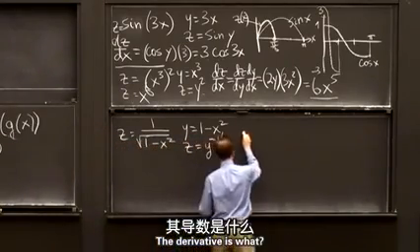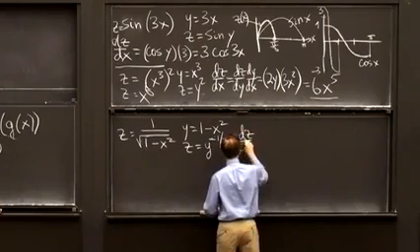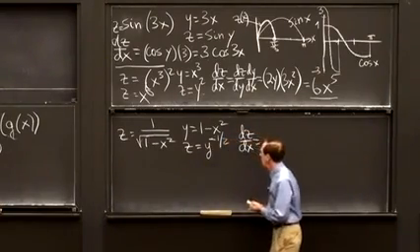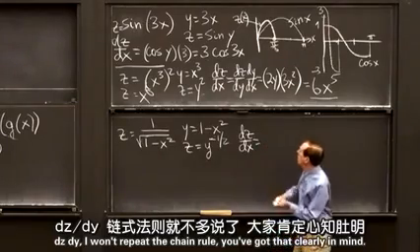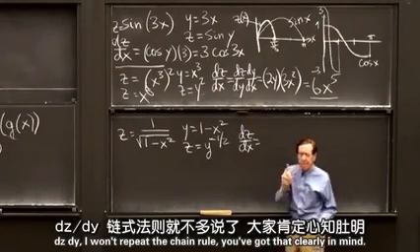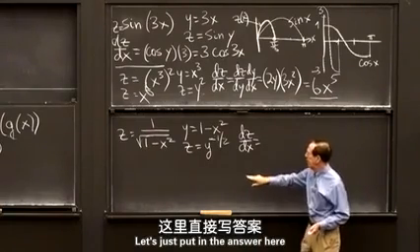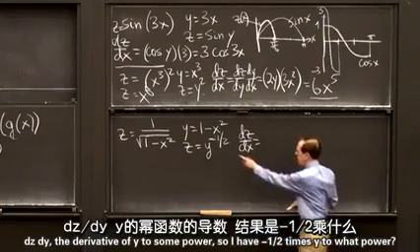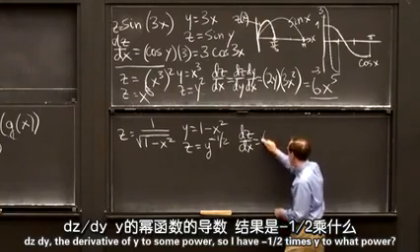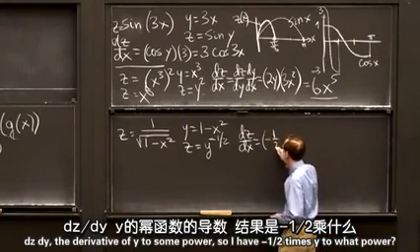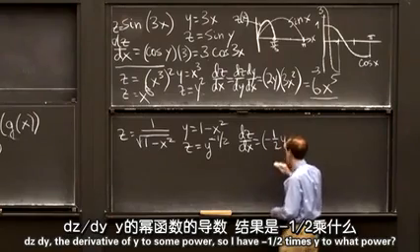The derivative is what? dz dy. I won't repeat the chain rule. You've got that clearly in mind. It's right above. Let's just put in the answer here. dz dy, the derivative, that's y to some power. So I get minus 1/2 times y to what power?